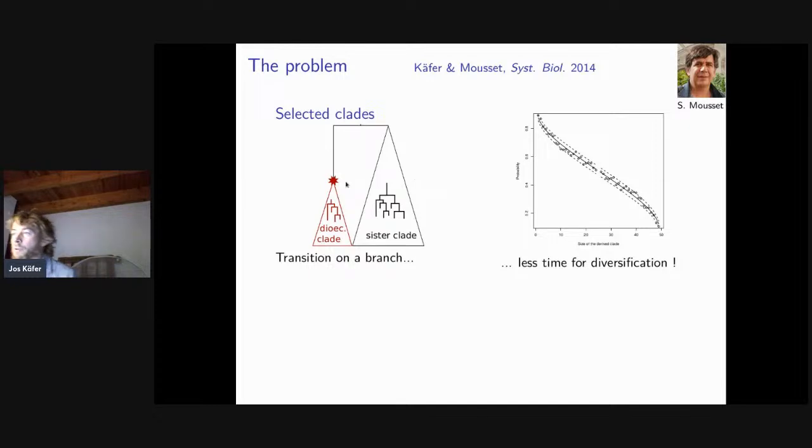And of course, this is not a property of dioecy or of any derived state. It's just a matter that when you look into a phylogeny and you're going to select the clades of interest, you're conditioning on the fact that a transition has happened on this branch to the derived state.